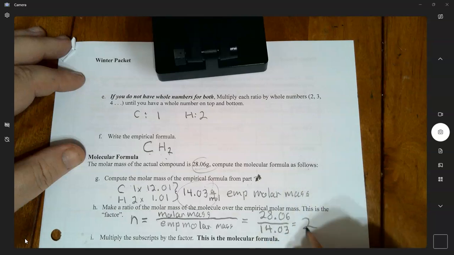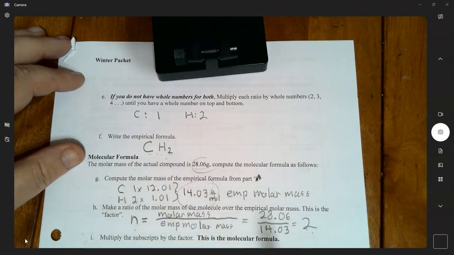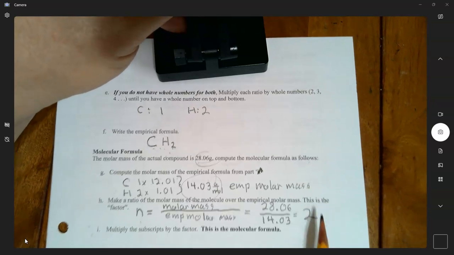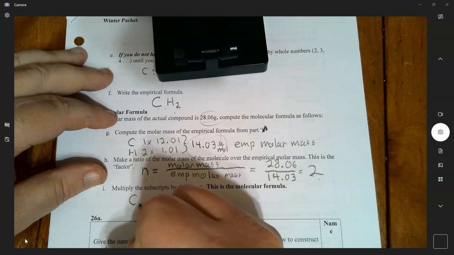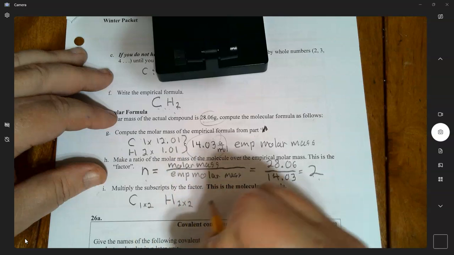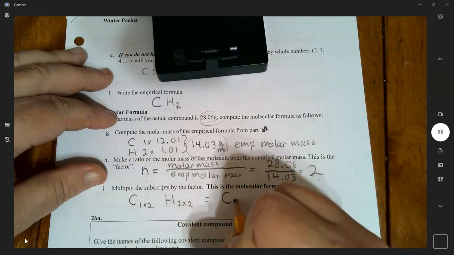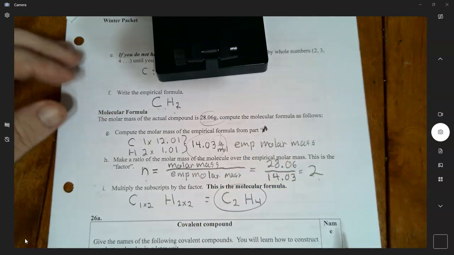So that's our factor, the N. What that means is you're going to take that number and multiply the subscripts of the empirical formula to get the actual formula of the real world molecule. So we're going to say C1 times 2, H2 times 2, and that equals C2H4, and that is an actual real world molecule.